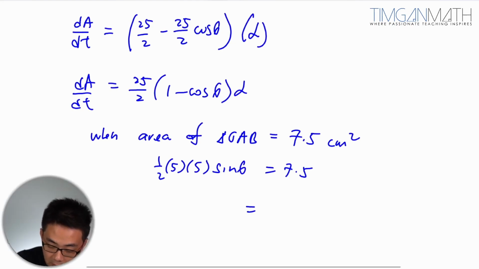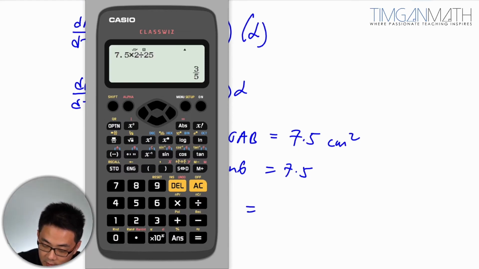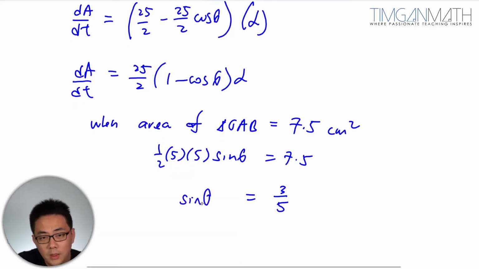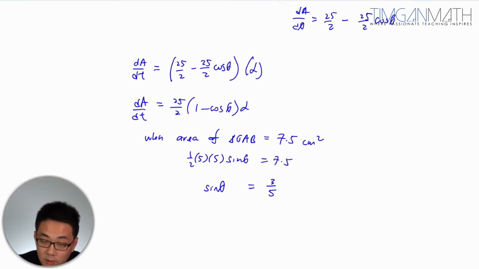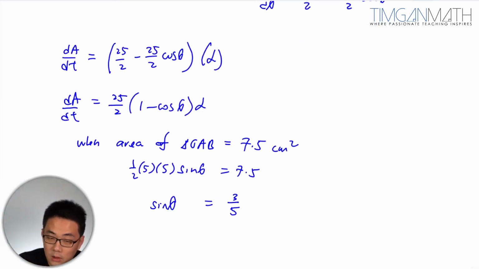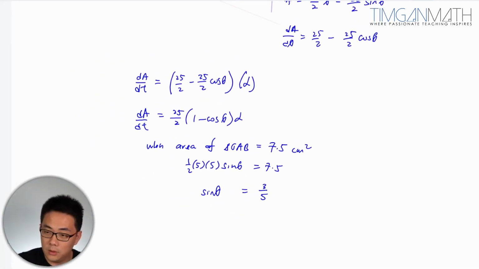So there are two values here. 7.5 times 2 divided by 25 will be 0.5. They do not want the exact value, they want the rate of change. So in terms of theta, sine theta is 0.5.